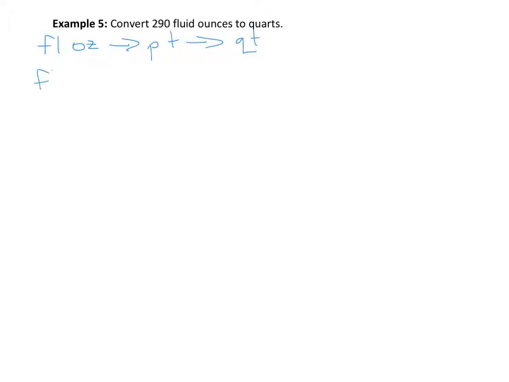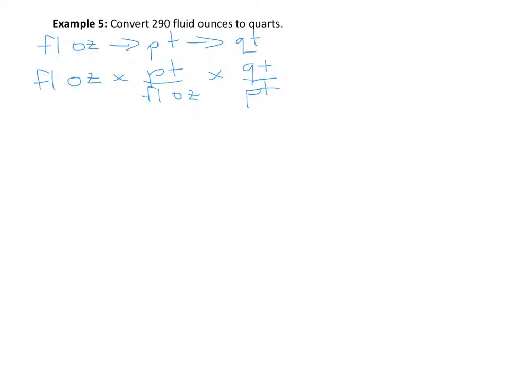So I'm going to start with my fluid ounces, multiply by pints per fluid ounce, and then multiply by quarts per pint.